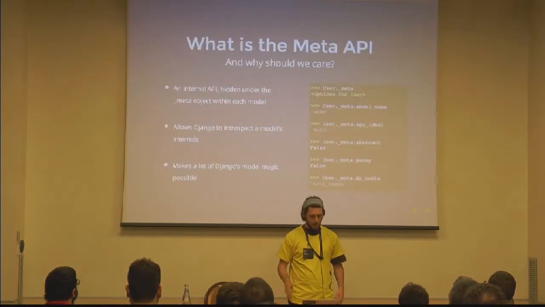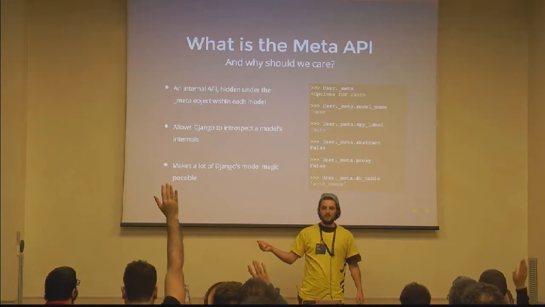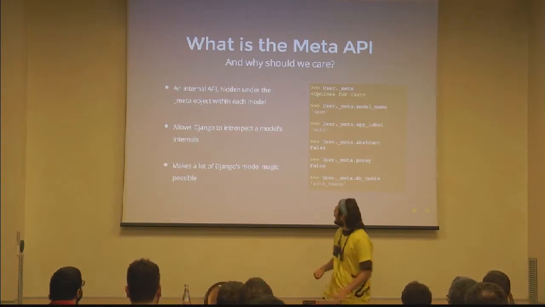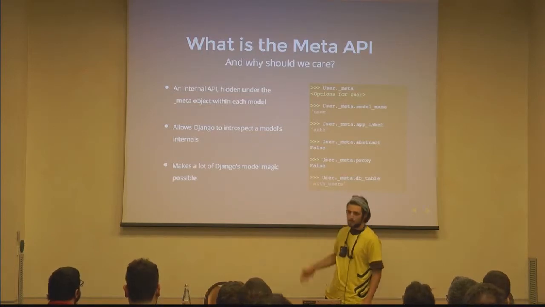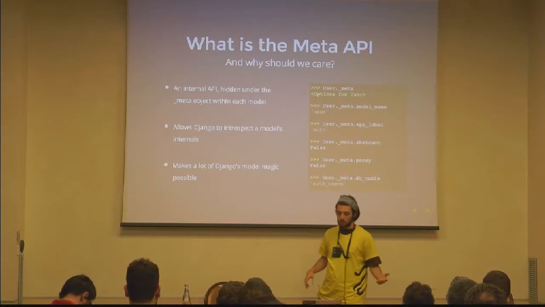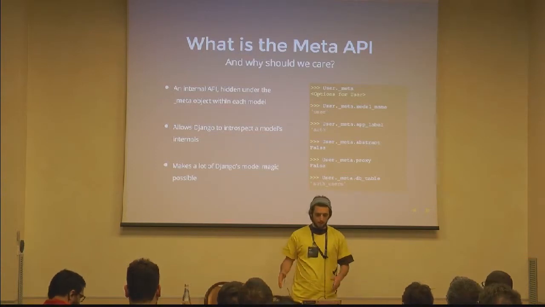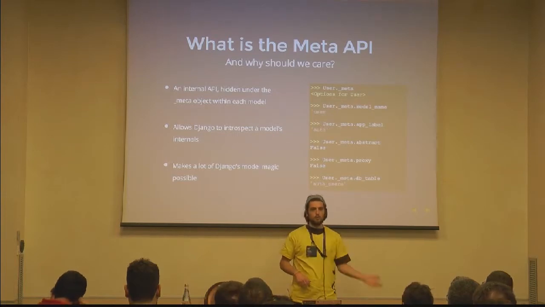So what is the Meta API and why should we care? Who has used the Meta API here? Okay, well, you know what the Meta API is. It's a hidden, internal API which is hidden under the underscore meta object of every model. Every model we have inside the system contains this object, and it's used to introspect attributes on top of that model.